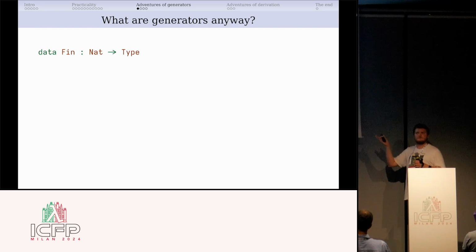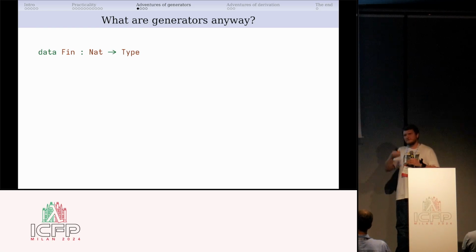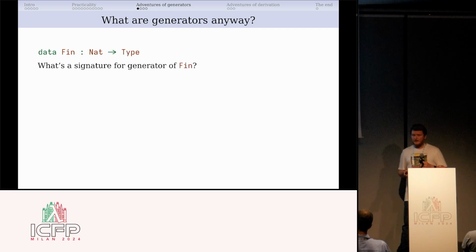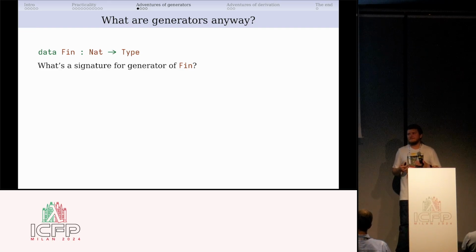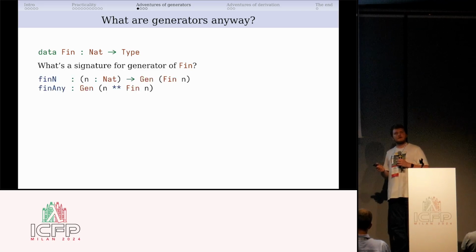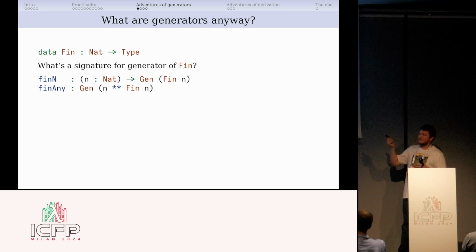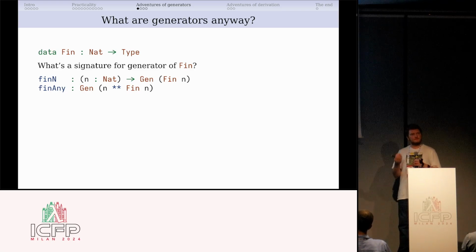I mean, having dependent types, you can easily think of this. Like Fin 2 is a type of 0 and 1, and so on. What is the signature of generators for this type? Actually, I say that we can think of at least two. One when the index is given, and another when the index is generated together with the value of this type.